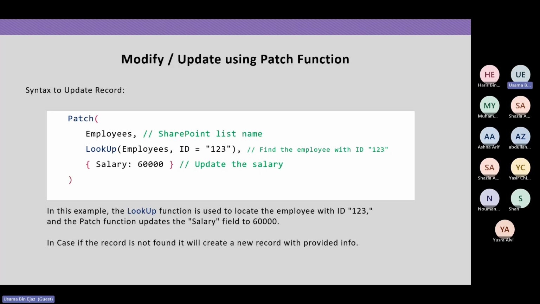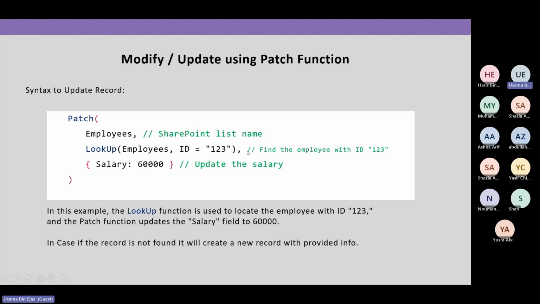After creation, the next thing is we can update a record with the Patch function. You specify the data source, let's suppose Employees, and then in the second parameter there are several ways to give the reference or the ID of the record you want to update. Here is an example that uses the LookUp function on the Employees table, with the ID equal to 123.